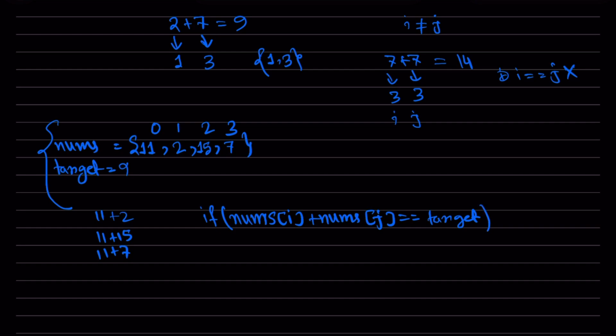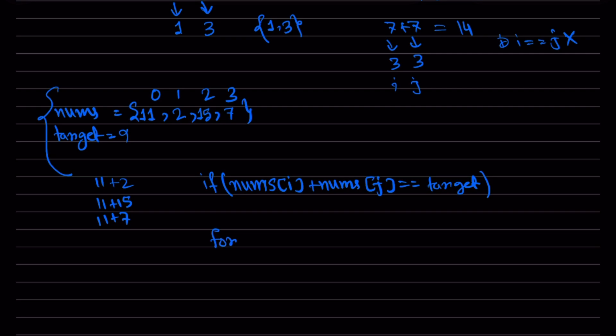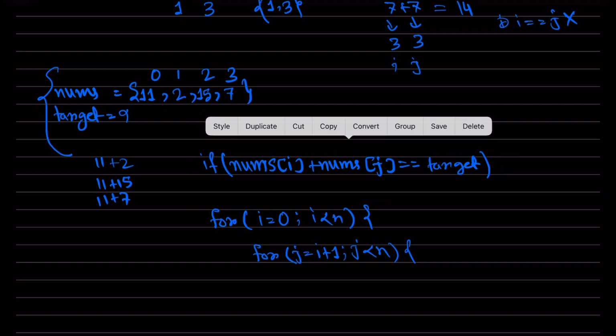In order to generate all these possible combinations of i and j, we usually run two for loops, where my i will start from 0 and i is less than n, and the second for loop will be within the first for loop, where my j will start from i plus 1, because my i and j cannot be equal to each other, and j will be less than n. Inside that for loop, since we're done creating one possible pair, we will check this condition.